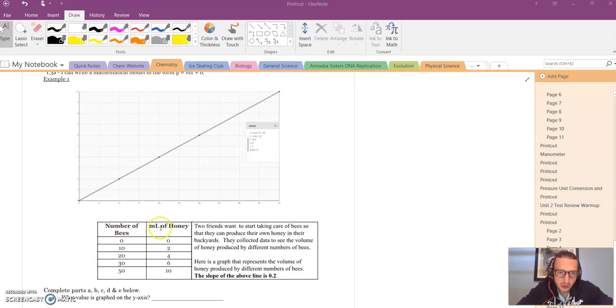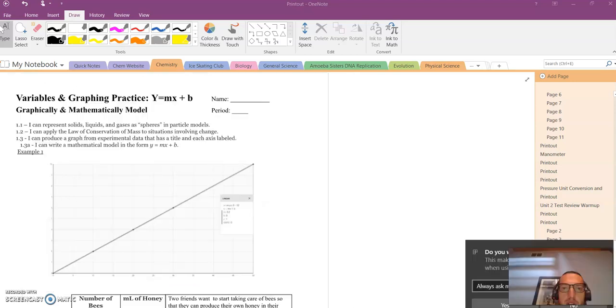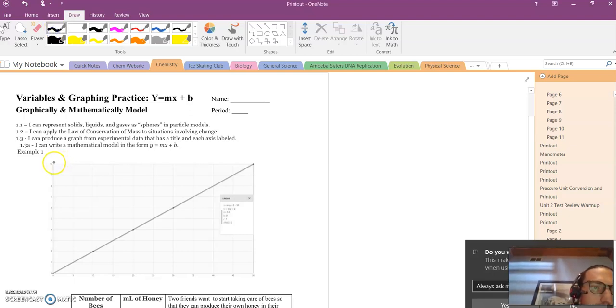So first off, we have a data table over here. Number of bees is in the left column. Milliliters of honey is here in the right column. So a couple things to review before we jump into y equals mx plus b. This is a graph, and this graph has two axes, one over here and then another one over here.